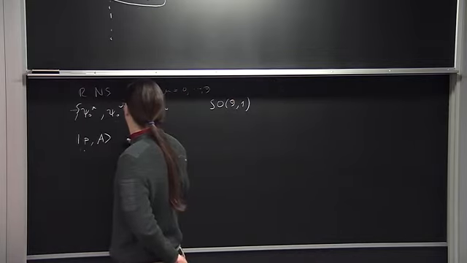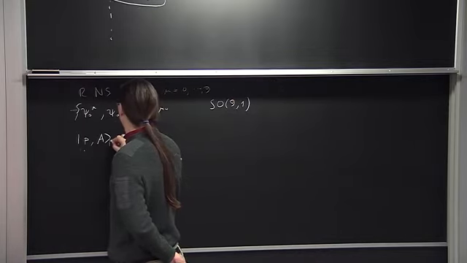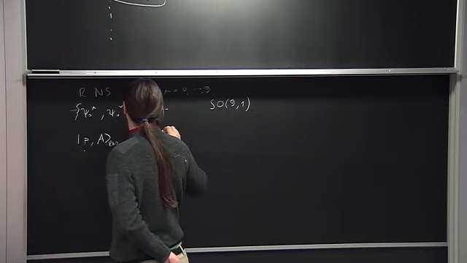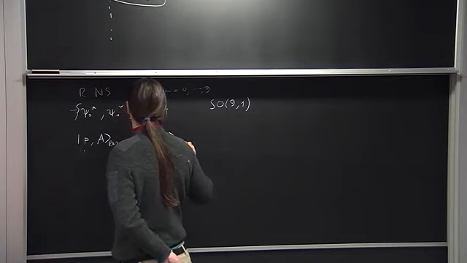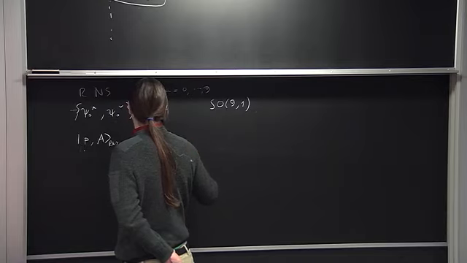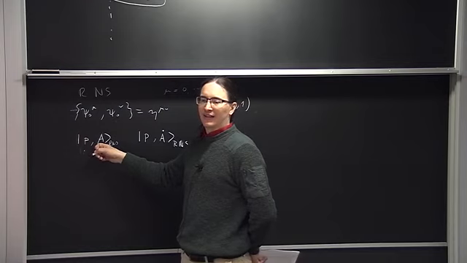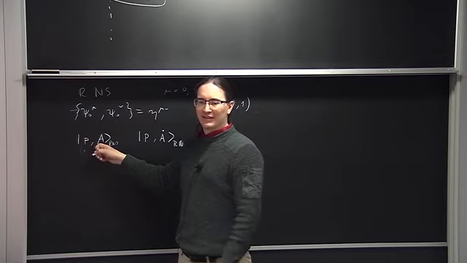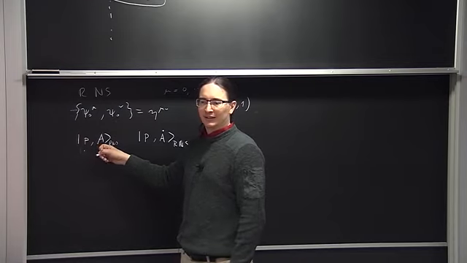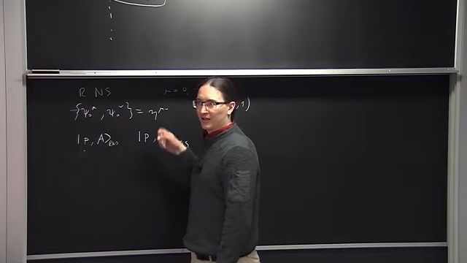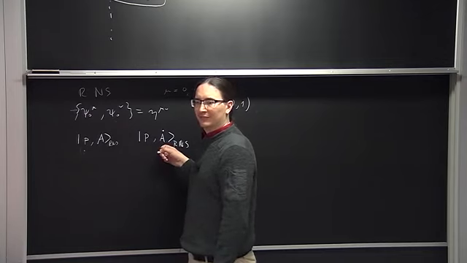So I'll denote the states this way. I have an index A that runs over a basis of one chirality, and an index A-dot that runs over a space of negative chirality.